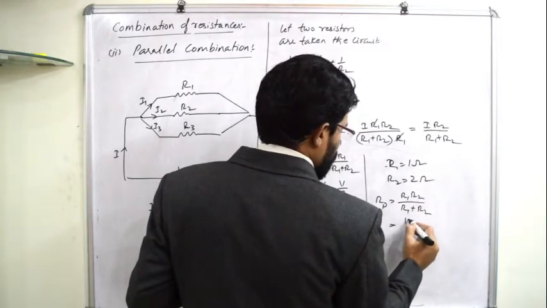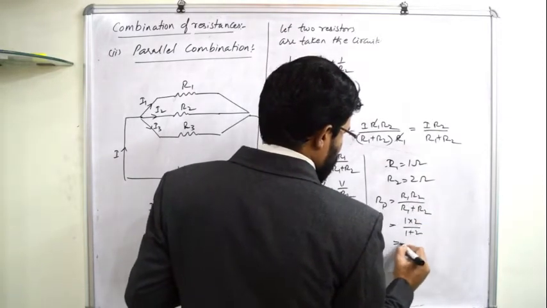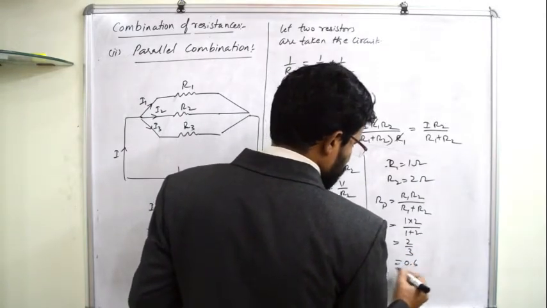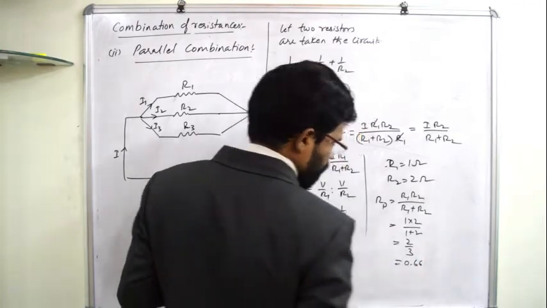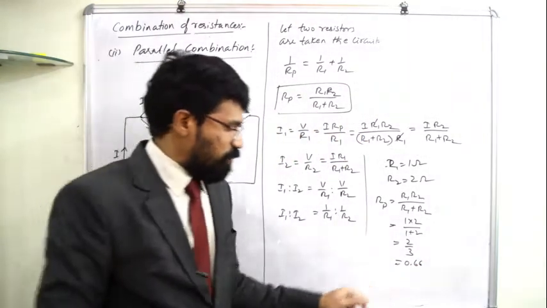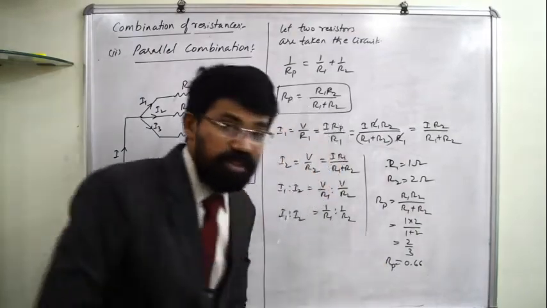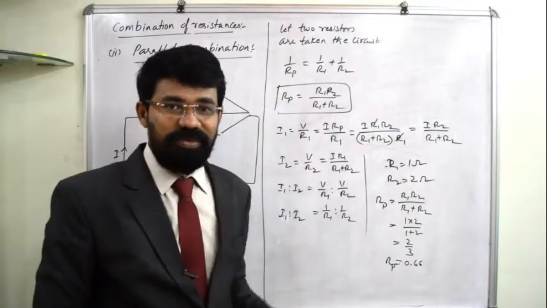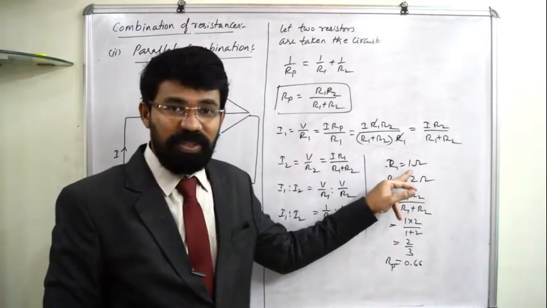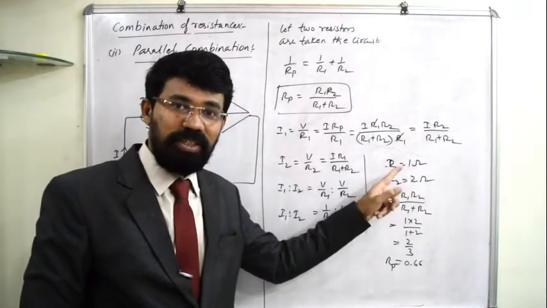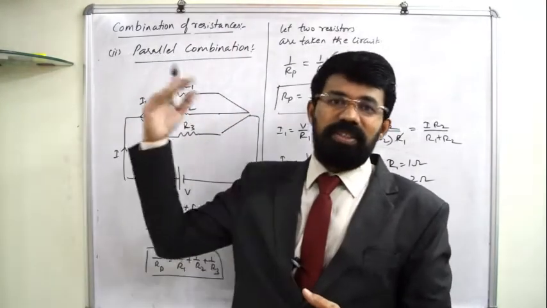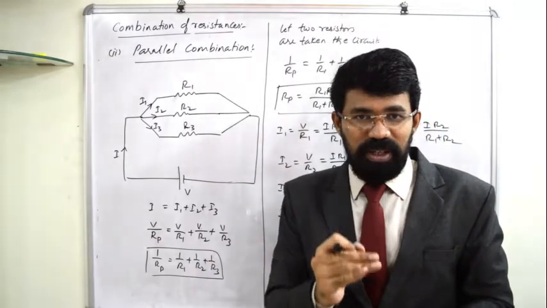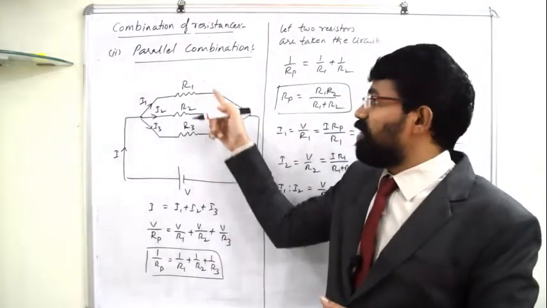So 1 into 2 by 1 plus 2. So you will have 2 by 3, which is equal to how much? 0.66, isn't it? So here this Rp is less than 1. The effective resistance offered by the parallel combination is less than 1. 1 is what? Smallest value of the combination. So you have taken 1 and 2, which one is smaller? 1 is smaller, and whatever effective value you are getting is smaller than the smallest value of the combination. So unlike in the series combination, here the effective resistance offered by the parallel combination will be smaller than the smallest value of the combination.